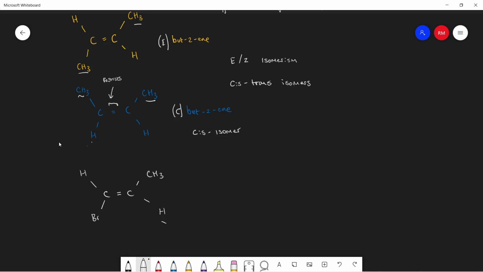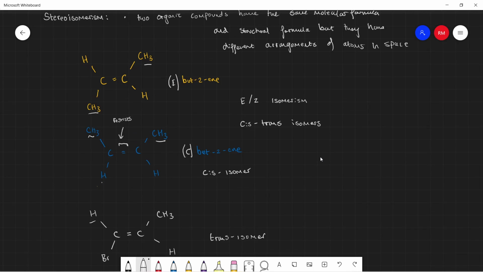However, because there are two hydrogens here, we can still call this a trans isomer, and that is because it has two of the same substituent groups, but they're on opposite sides.